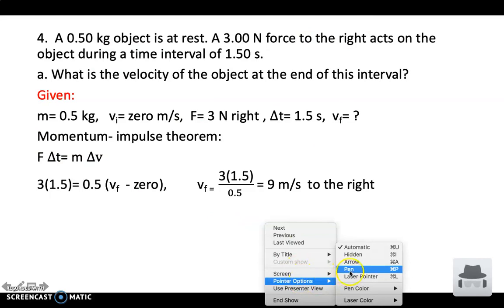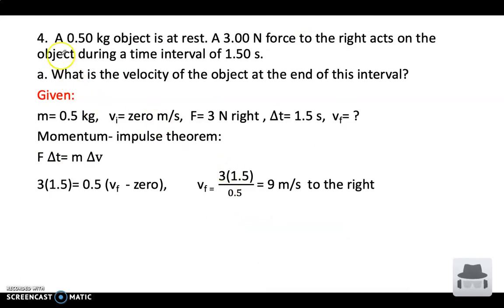Okay. Now, question number 4 says, I have a 0.5 kilogram object, write down the given, you have a mass, is at rest. The words at rest mean the initial speed is 0.